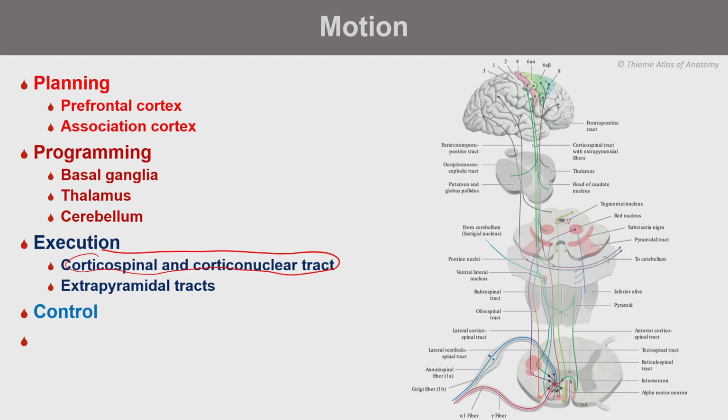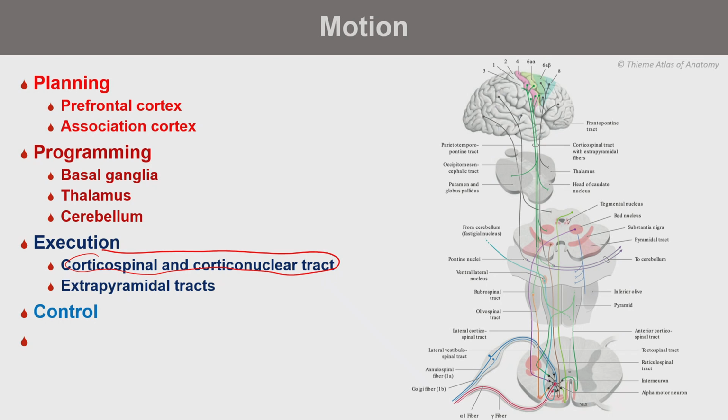The second is in the spinal cord: the first neuron is in the cortex, the second is in the anterior horn, and then it stimulates the muscle, for example the musculus biceps brachii.